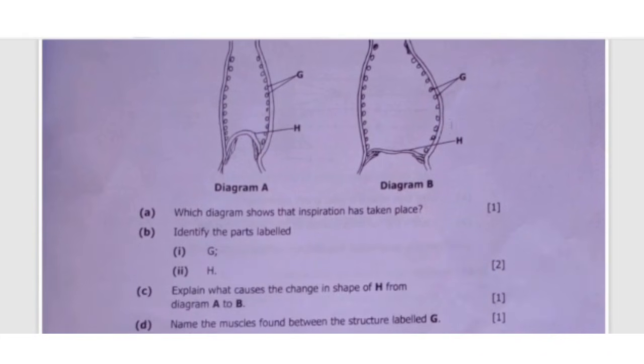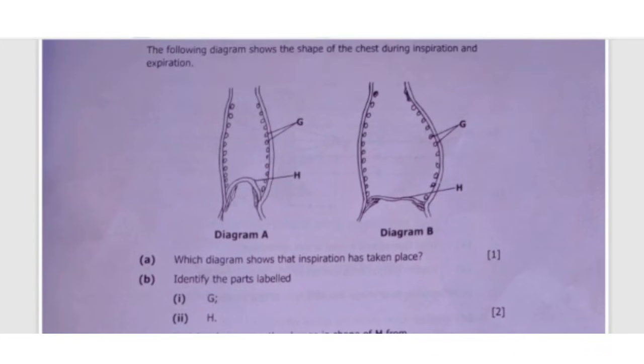Okay, so these are the two diagrams. So the first question is, which diagram shows that inspiration has taken place? So the one which is showing that inspiration has taken place is B.